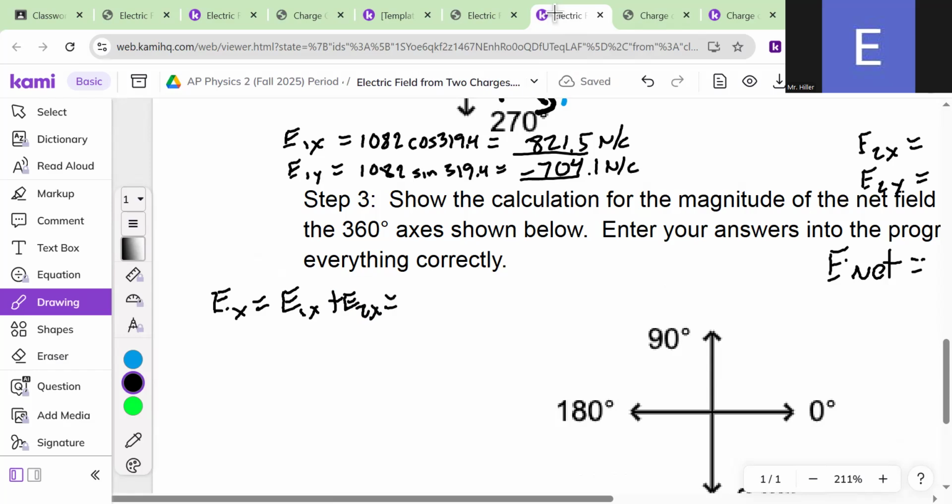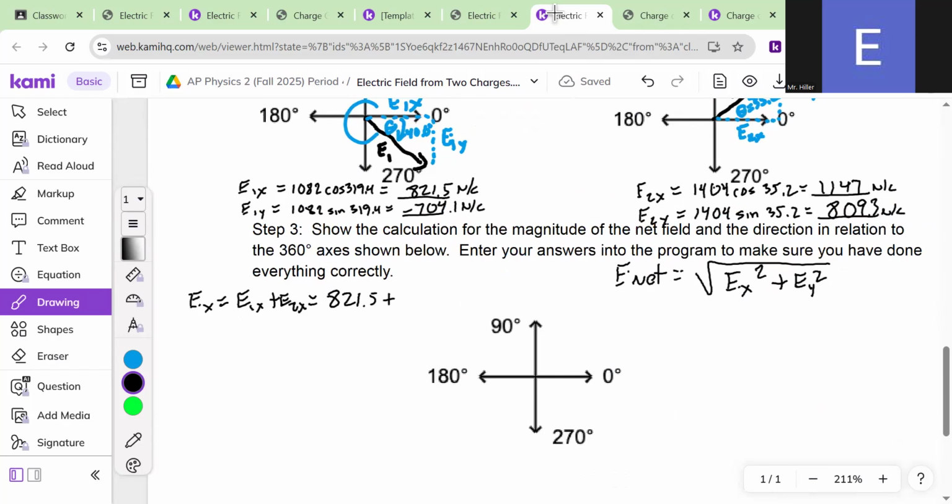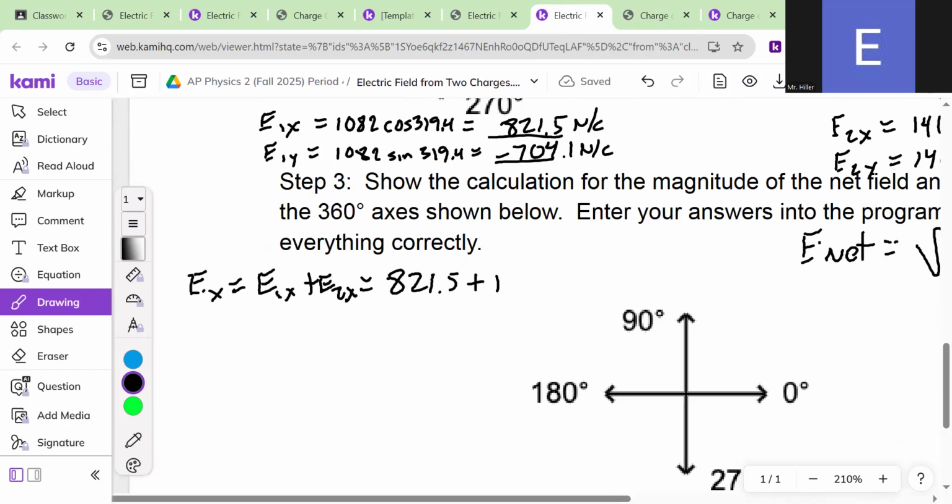Well, E1X is 821.5 plus E2X is 1147. So 821.5 plus 1147 is 1968.5.